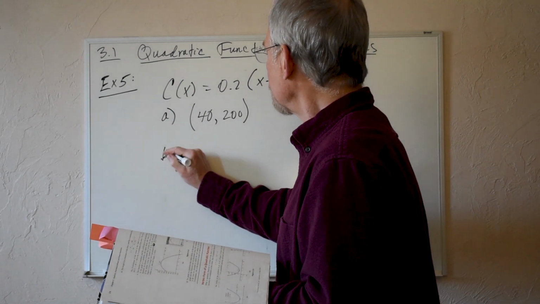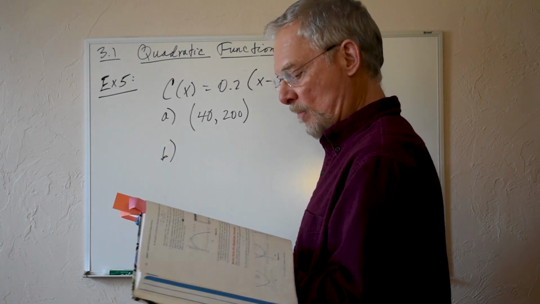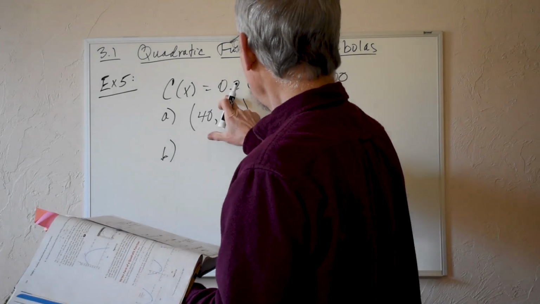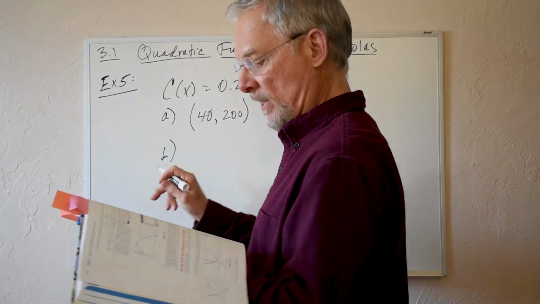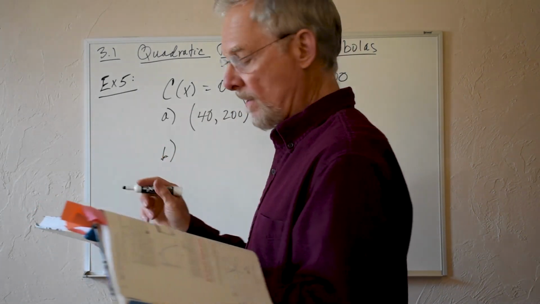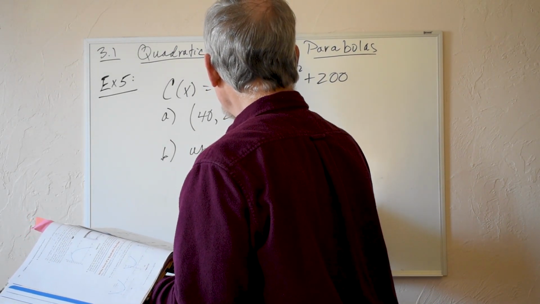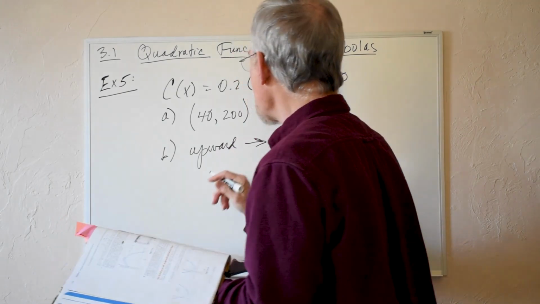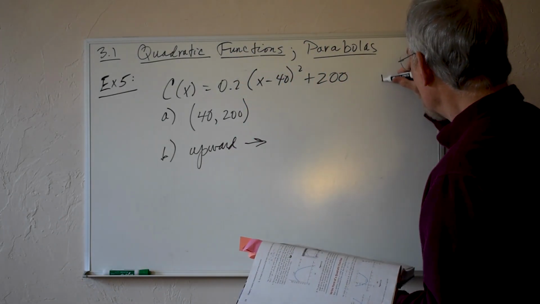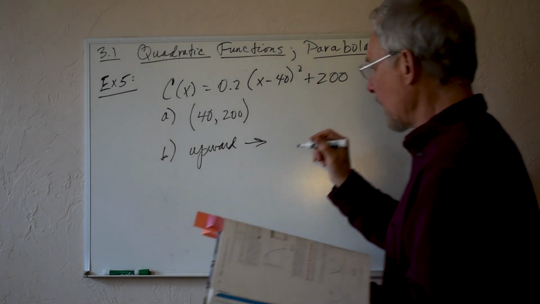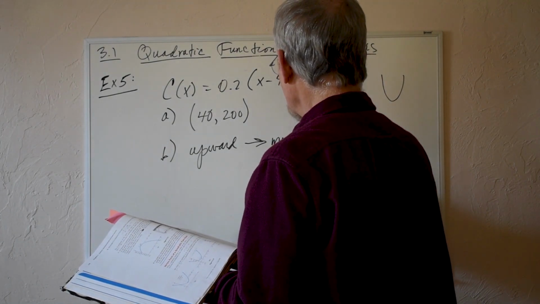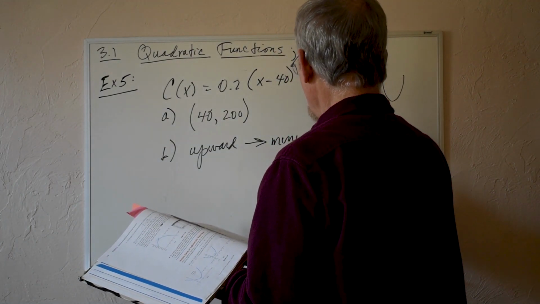Part B, is it opening upward or downward? Well, a is 0.2, that's a positive number, therefore it opens upward, and therefore, since the parabola opens upward like this, we are talking about a minimum occurring at the vertex.